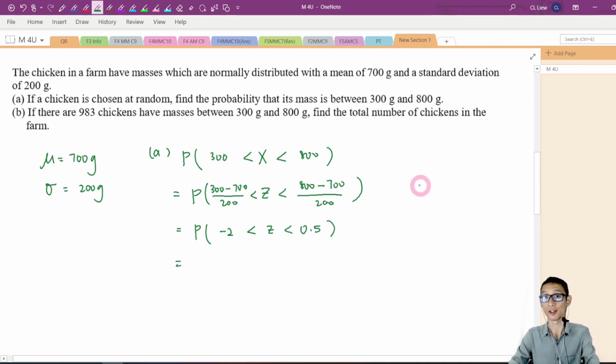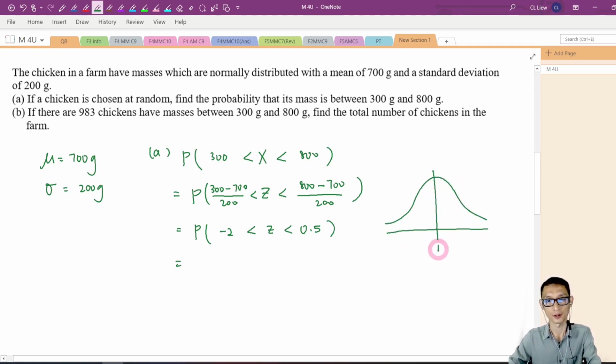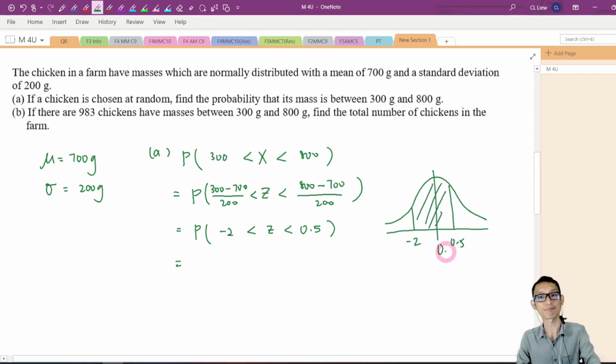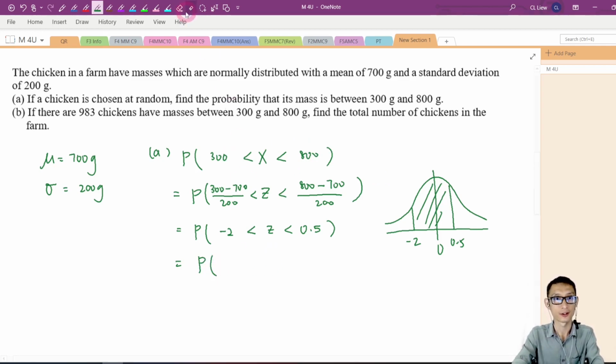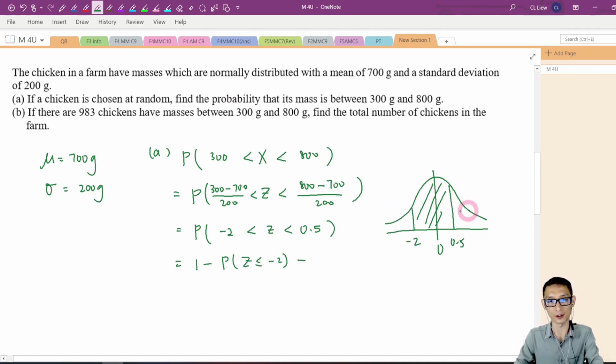Okay, now sketch a diagram. Negative on the left hand side, positive on the right hand side. We want to get the area here. This is the probability for x greater than 300, less than 800. How do I get the area here? 1 minus P for Z less than or equal to negative 2, minus this part, minus this part.